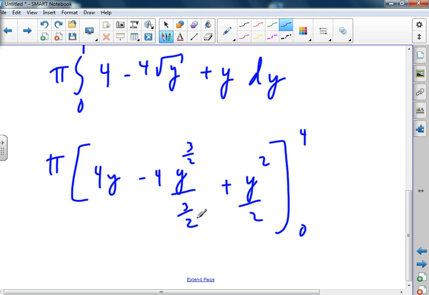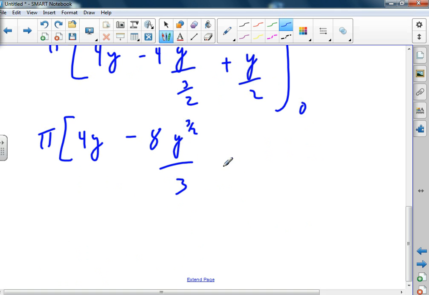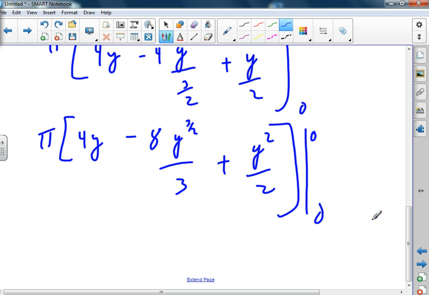Okay, so this turns around, so I'm going to have pi times 4y minus 8y to the 3 halves divided by 3 plus y squared over 2 evaluated at 0 and 4. At 0 it all goes away, so that's good.